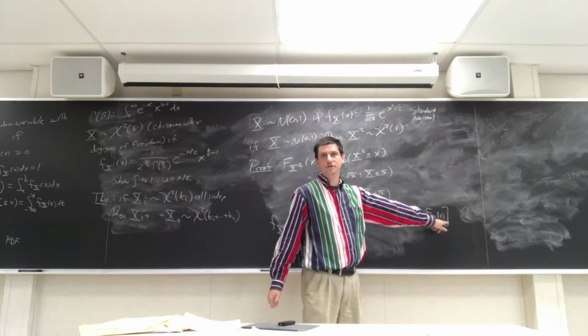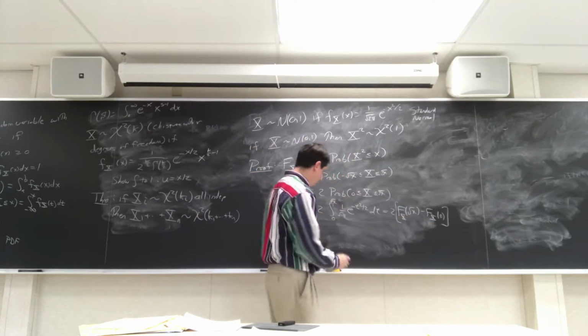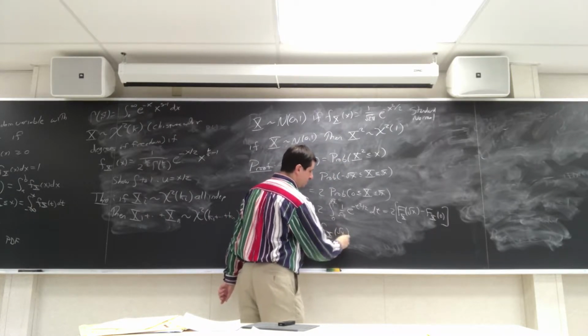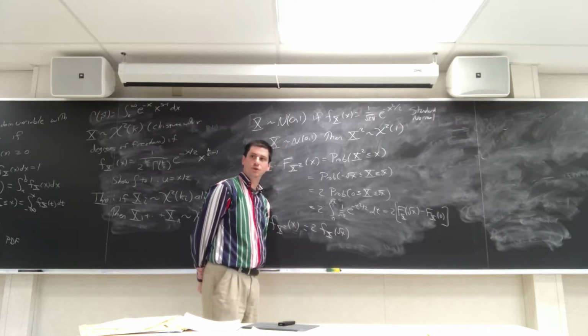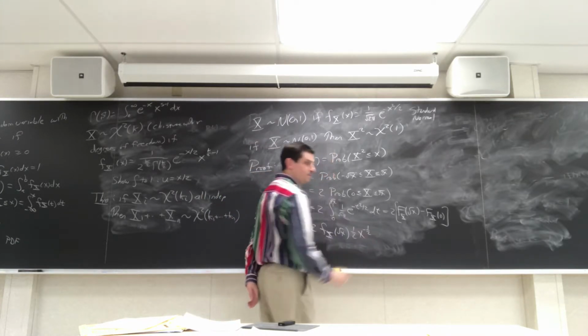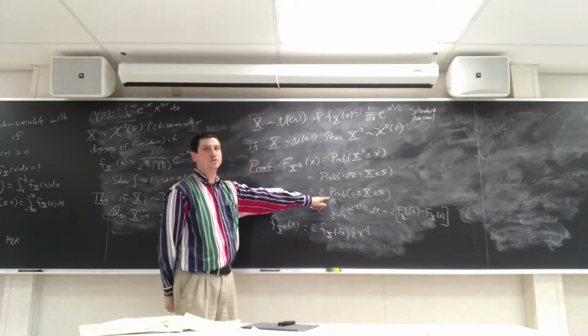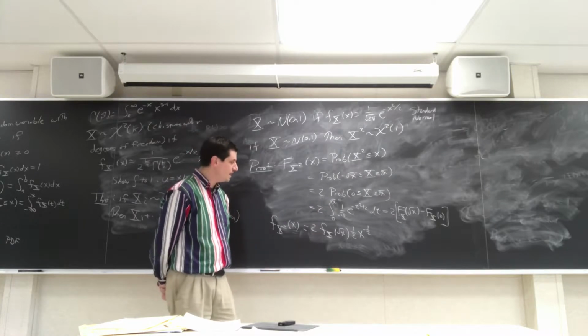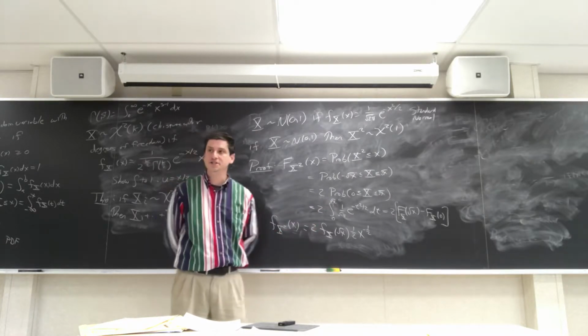Well, constant, its derivative is 0. The derivative of this is just going to be little f at square root of x. And then I need to take the derivative of square root of x, which is just 1/2 x to the minus 1/2. Or if you want, you can take the derivative using the value of the integral. So I will leave this as an exercise to show that this is now the density of a chi-squared.